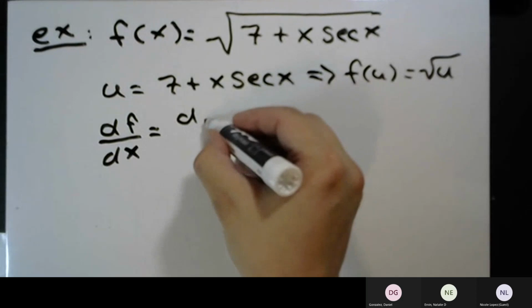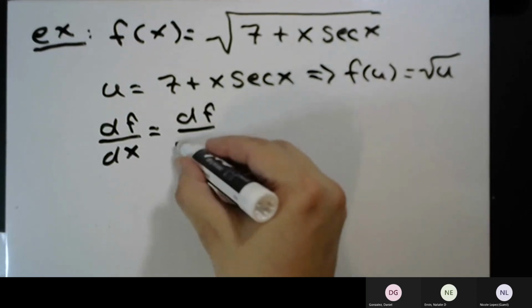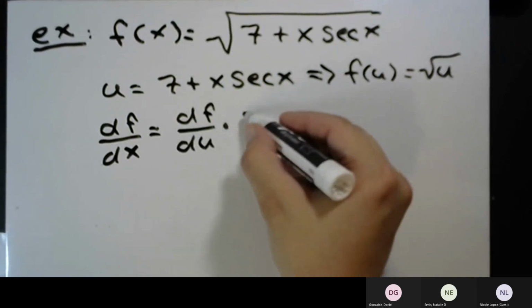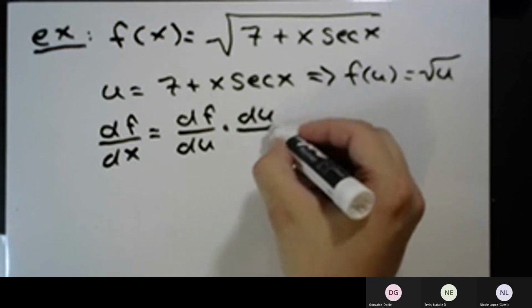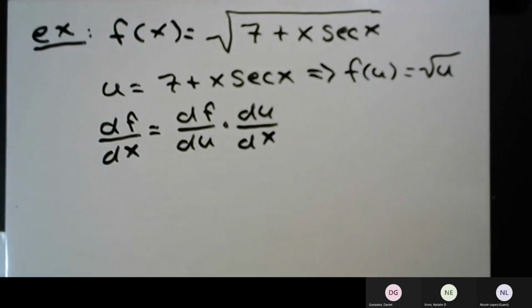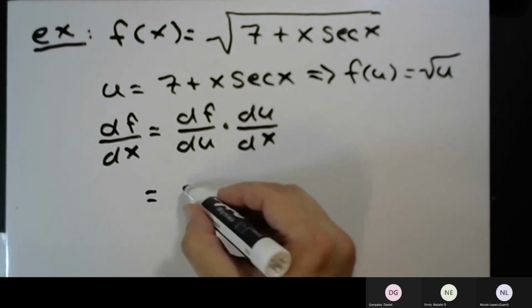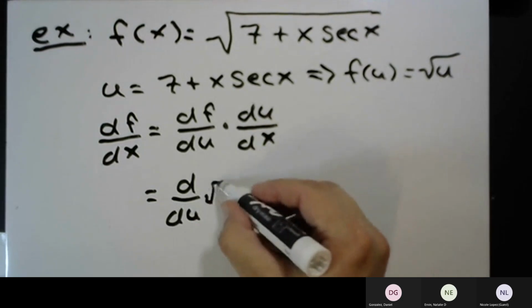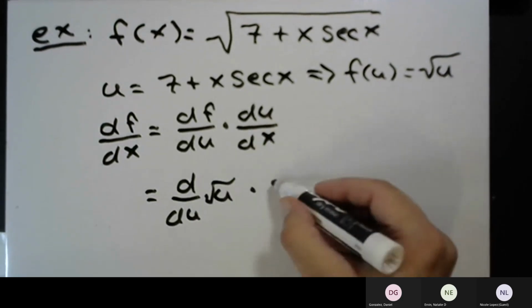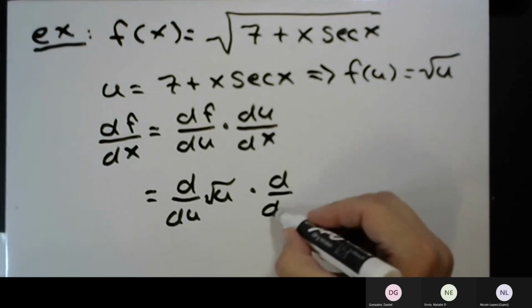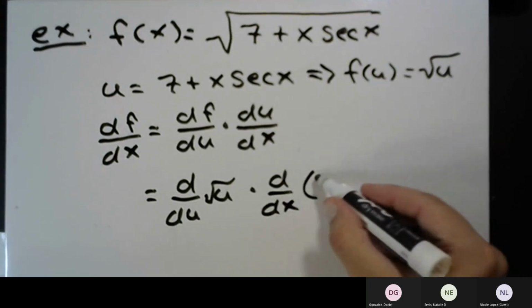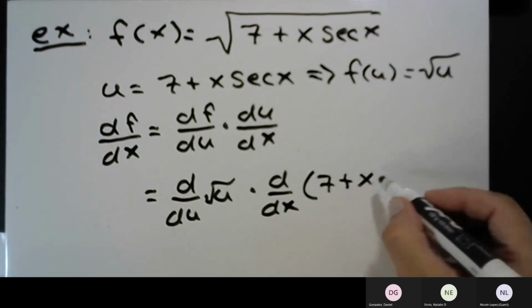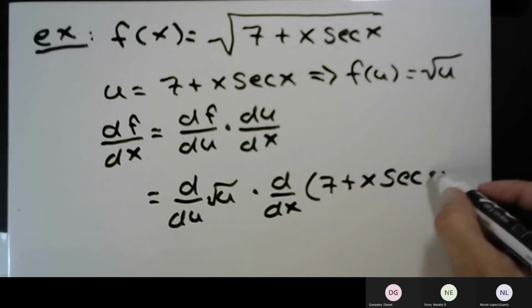And that'll be df du times du dx. So we're going to take the derivative of square root u times the derivative of 7 plus x secant x.